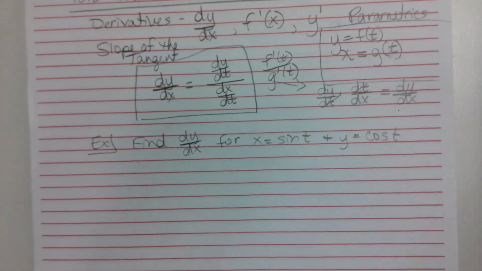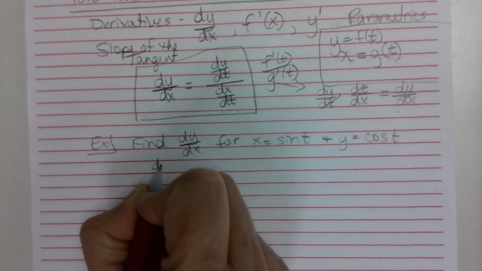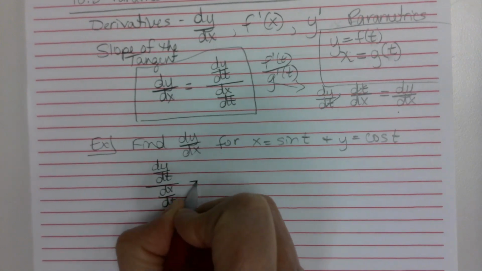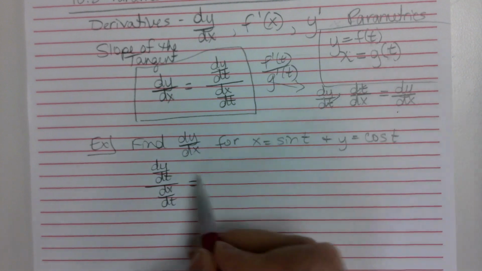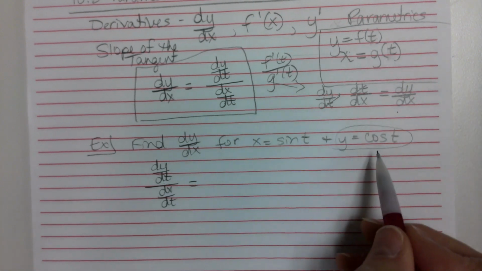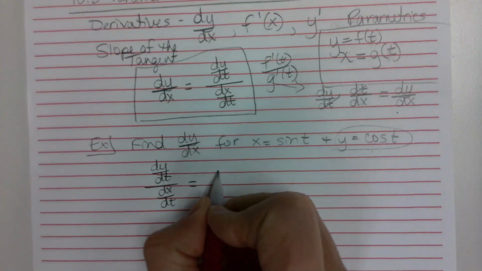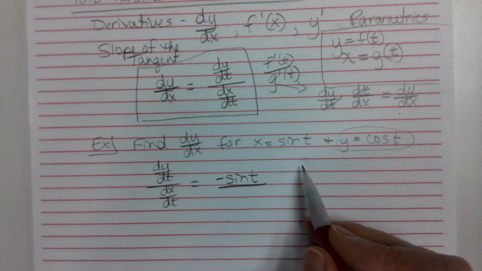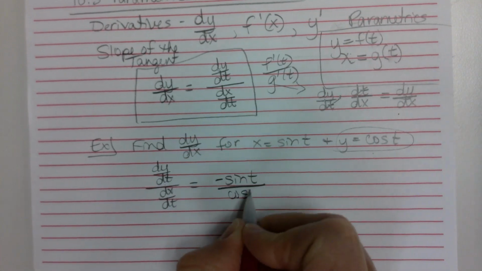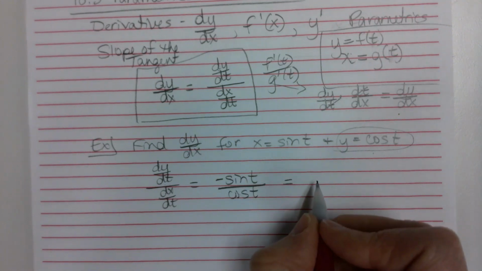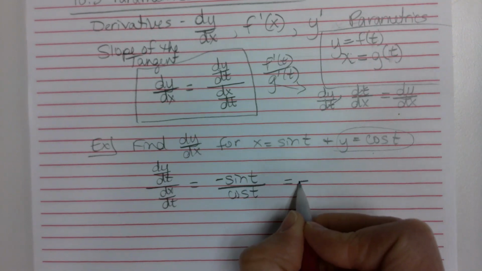What's our formula? dy dt over dx dt. What is dy dt? In other words, the derivative of y with respect to what? T. What is dy dt? Negative sine t over cosine t. If we wanted to rename it, what could we call that? What is sine over cosine? Tangent.